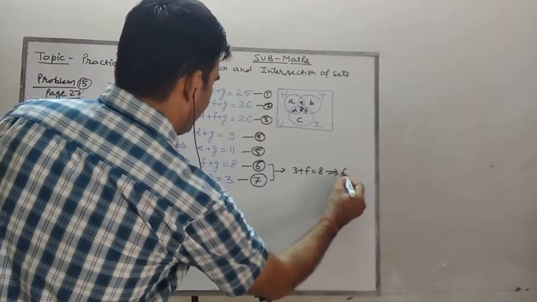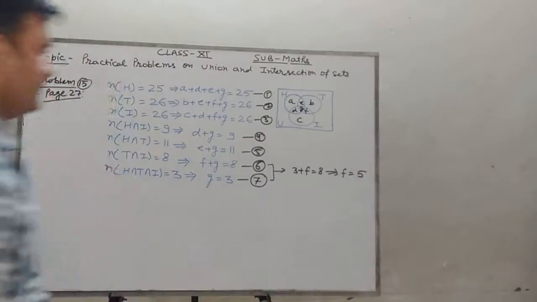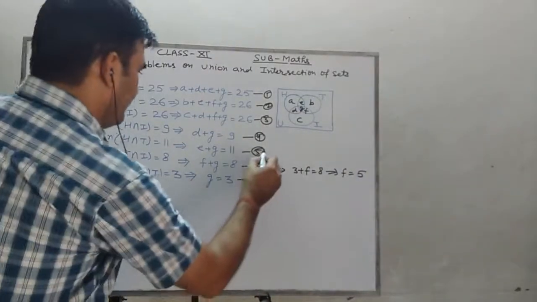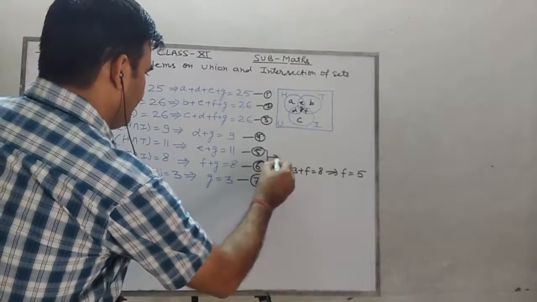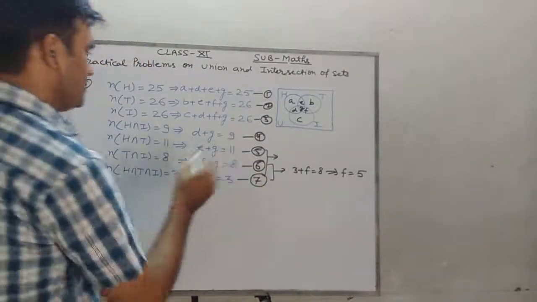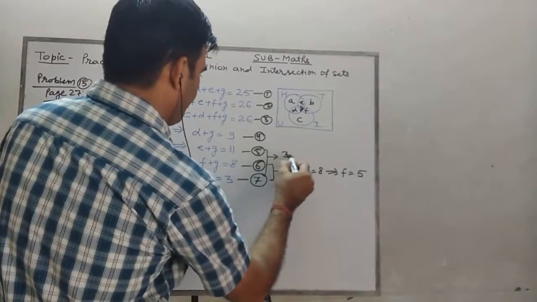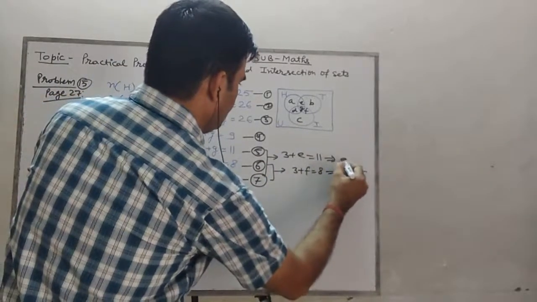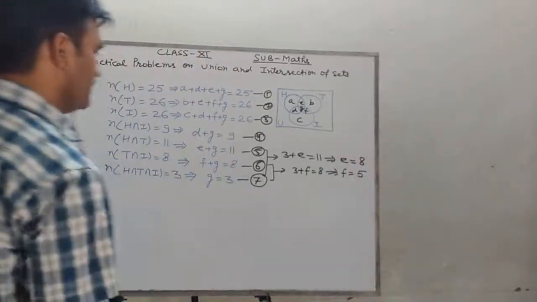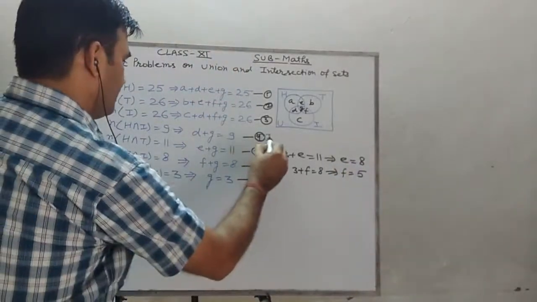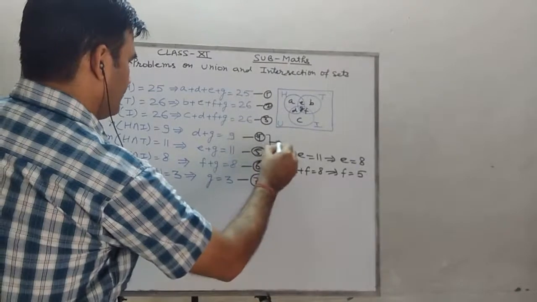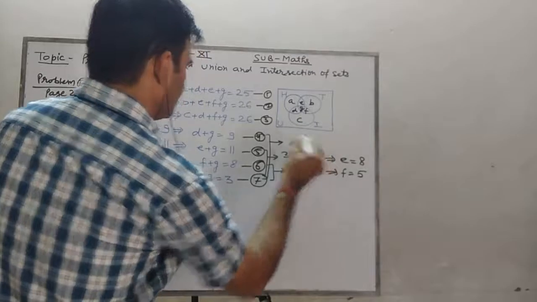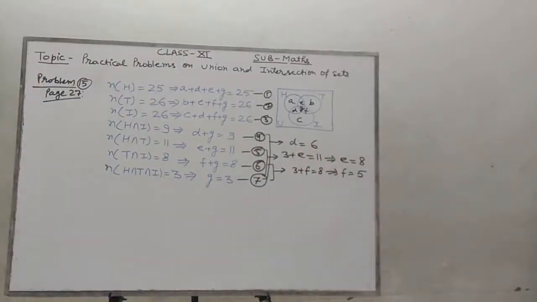This implies F is equal to 5. From equations 5 and 7, 3 plus E is equal to 11. So this implies E is equal to 8. From equations 4 and 7 you can get D is equal to 6.